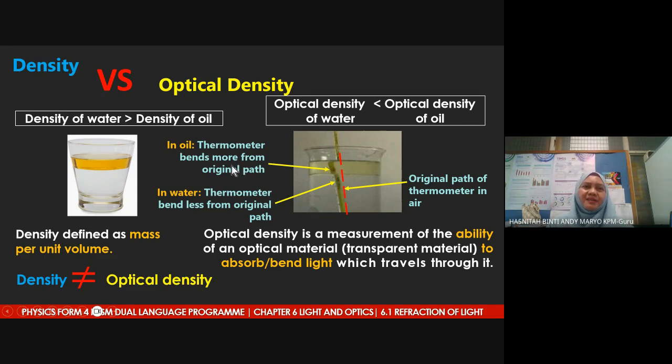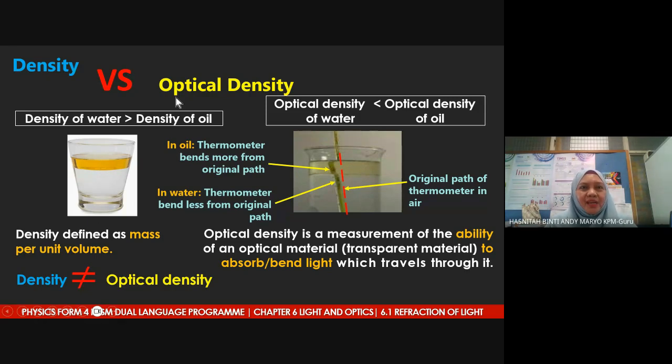I give you a very simple example. If we compare oil and water, everybody knows oil has a lower density compared to water. That's why it floats on the water surface in this cup, because it is less dense compared to water.